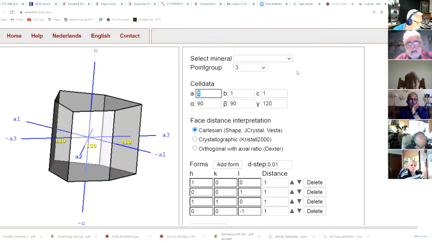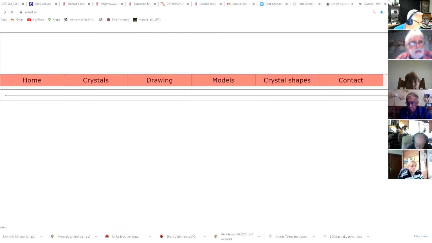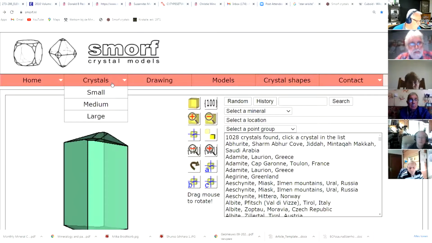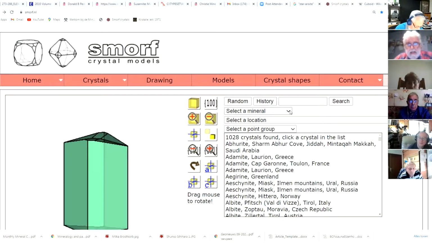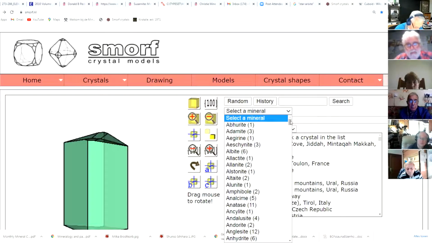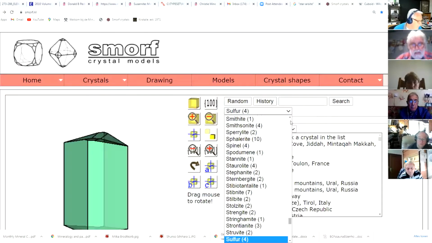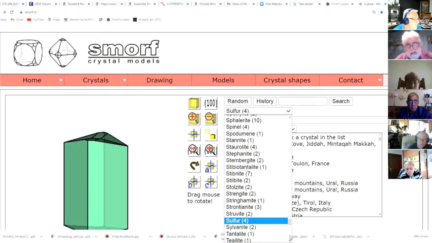So that's the best we can do with this program for a mineral that's not in the list. Okay, there is, however, something else. If we go back to Smorf to the first page, you can see here that there are way more crystal drawings, and so here is select the mineral, and it might be possible that Susanite is in this list. No, it isn't.